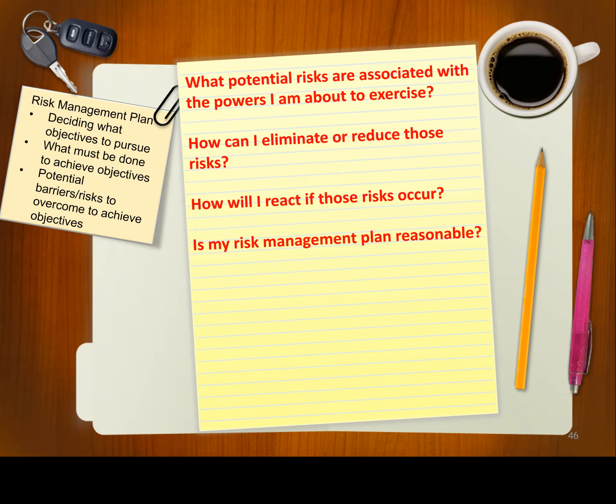We need to counter the risks that are being managed versus our plan to react to those risks. So if we're executing a search warrant, we may not necessarily need to have the SWAT team on standby or things like that. We need to be reasonable in our approach to executing the plan based on the risks that we've identified.